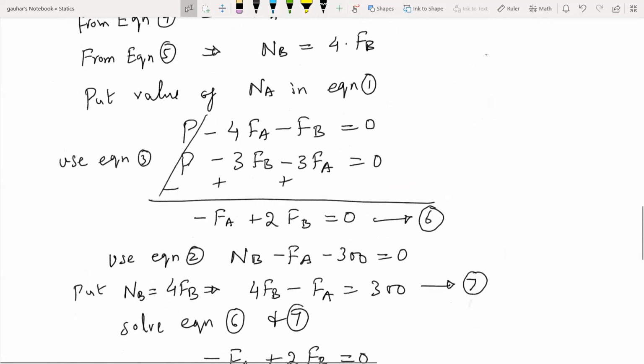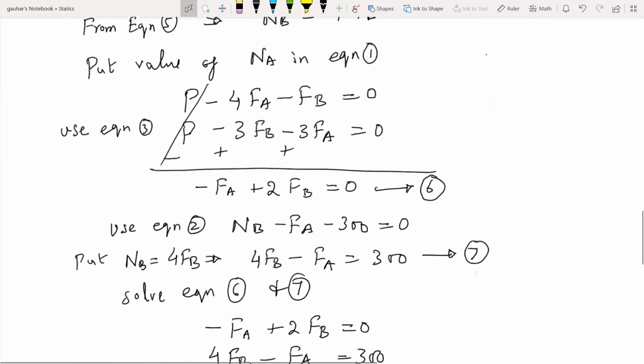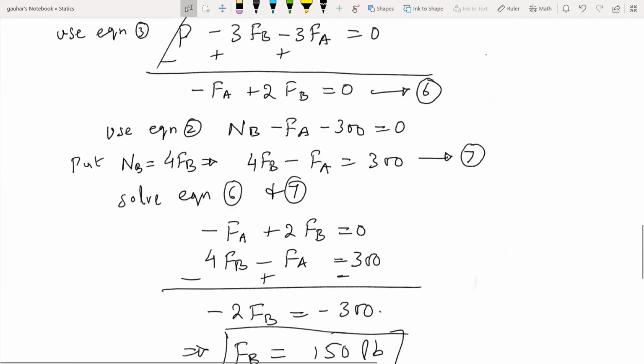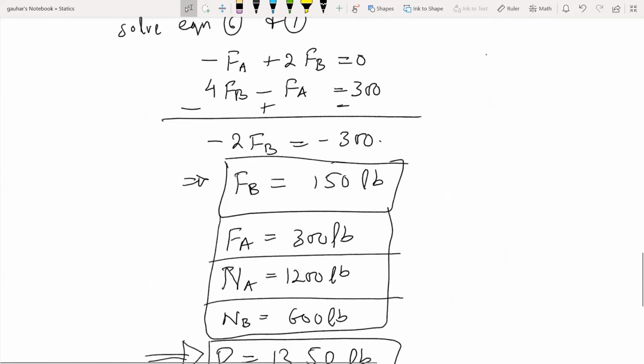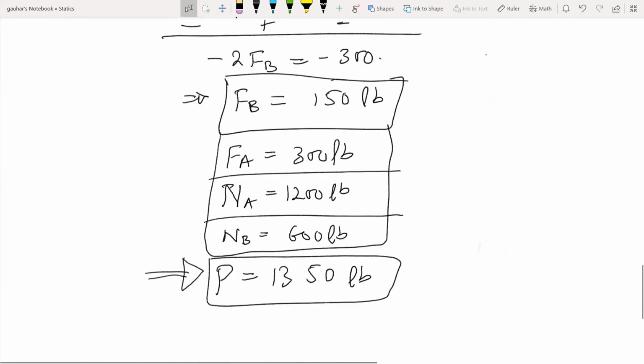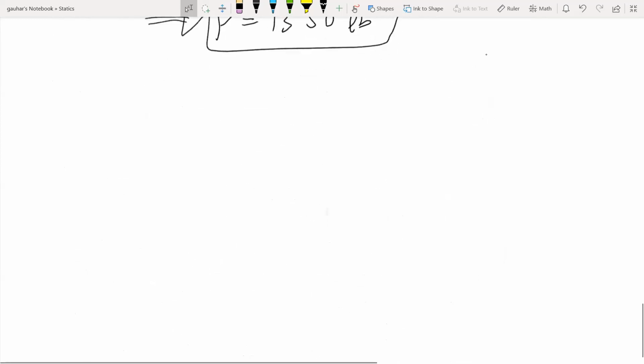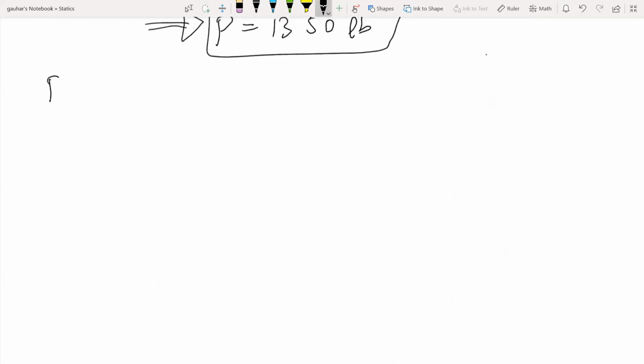I used this method, which I explained earlier, and finally we were able to find out these 5 unknowns. Okay, so with that we come to the end of problem 2. Now let's do problem 3 of your handout. Let's talk about problem 3.